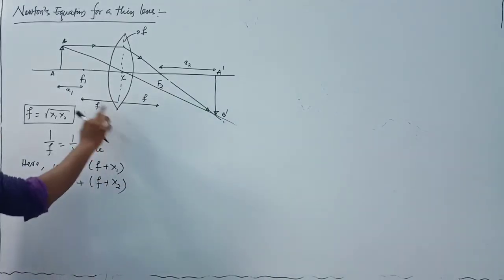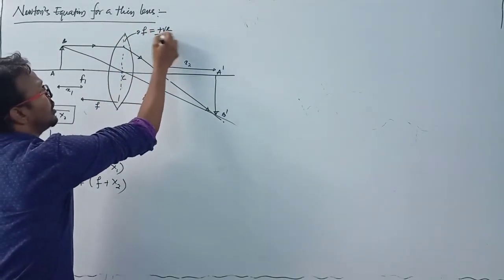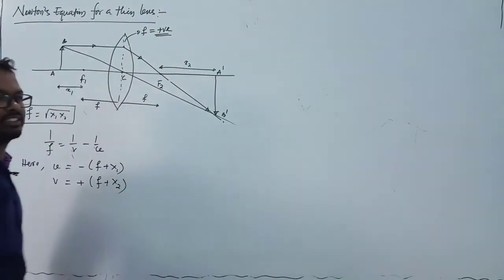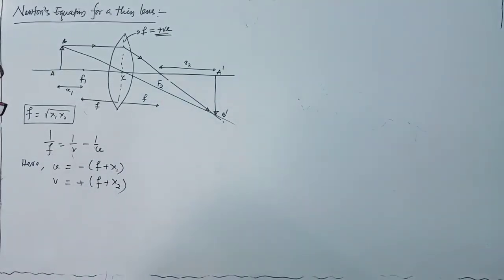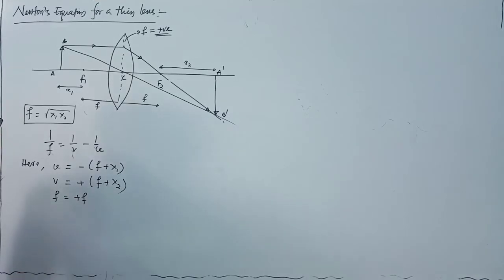We already know the focal length for a convex lens is always positive, the focal length of a concave lens is always negative. So here the focal length is positive, and it is equal to f. Now you have to use this formula.